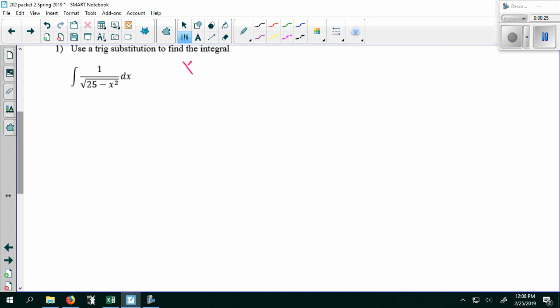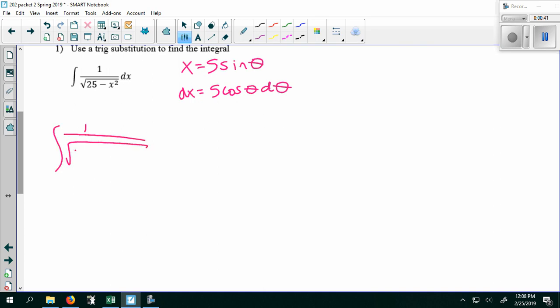So I'm going to let x equal 5 sine theta, which means that dx is 5 cosine theta d theta, and I substitute. So I have the integral of 1 over the square root of 25 minus 5 sine theta squared, and then replace the dx with 5 cosine theta d theta.